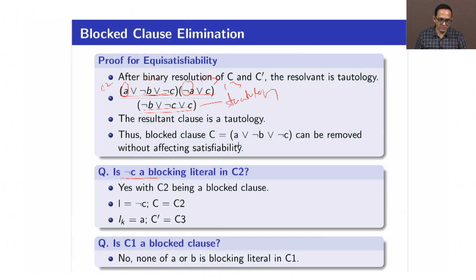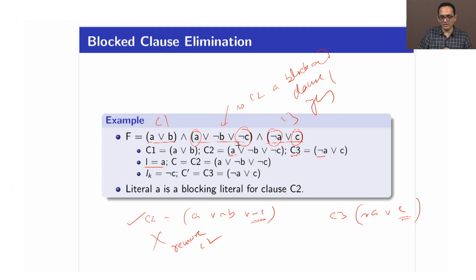But if I ask whether C1 is a blocked clause, let us check. It has A, and in this clause you have not A. Now I have to identify whether it has C and whether not C is here, no. So A is not a blocking literal in C1.